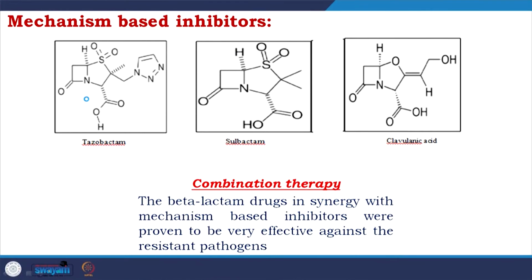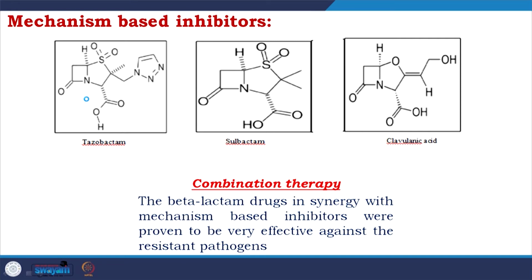So, these are the important residues, and more interestingly, a group of drugs called mechanism based inhibitors or MBIs, they are tazobactam, sulbactam and clavulanic acid. If you look at them, they have mostly similar structure.